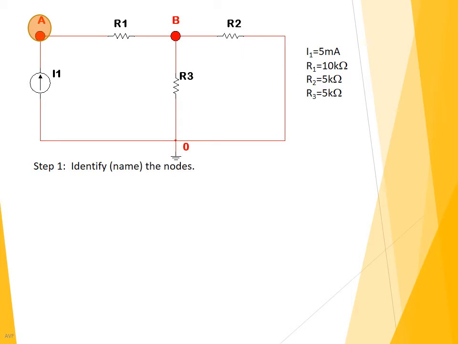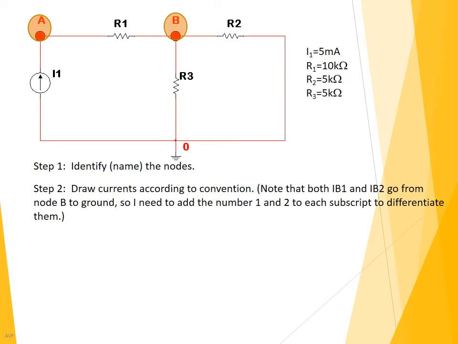In step 1, identify and name the nodes. In this instance, that has already been done for you. Then draw currents according to the convention. Note that the currents are drawn going from left to right in the horizontal branches and top down in the vertical branches.